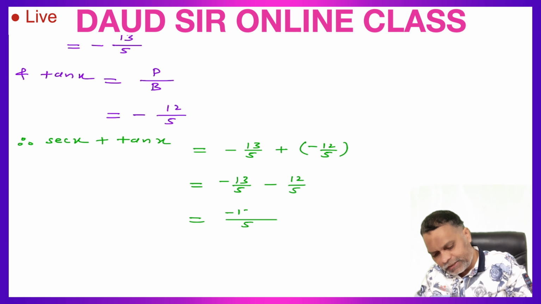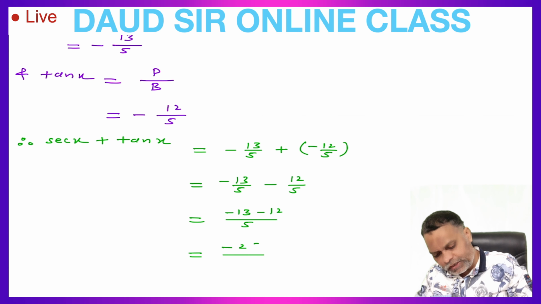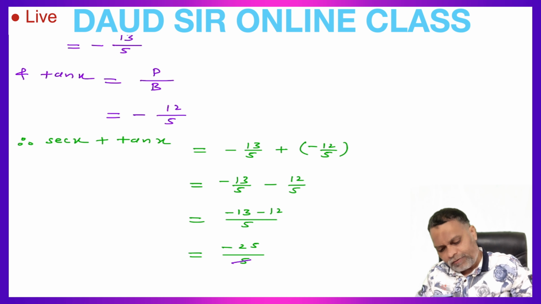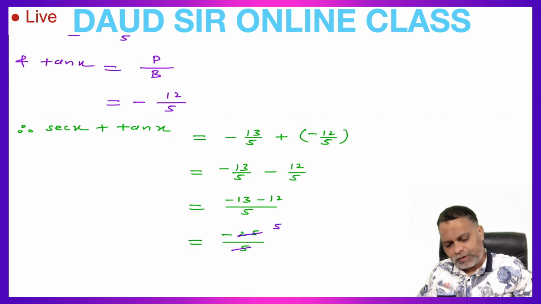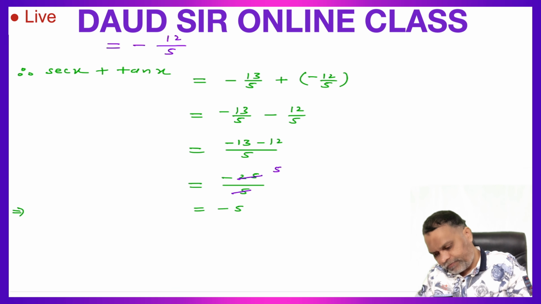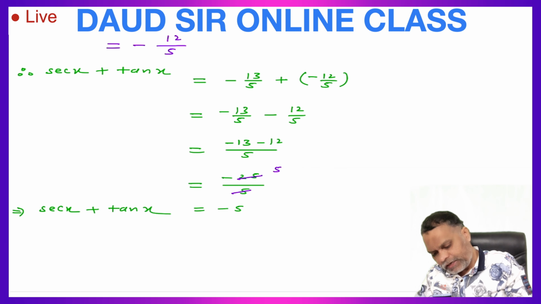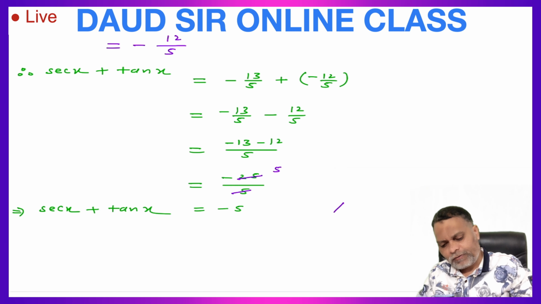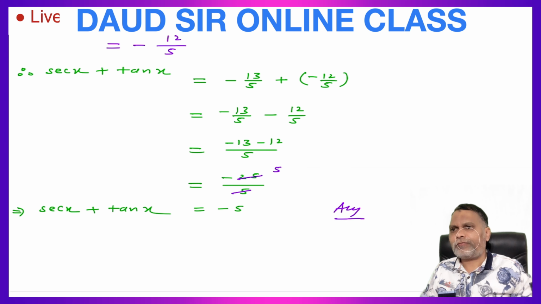So this is minus 13 minus 12, minus 25 upon 5. We can cancel it, 5 fives are 25, which is equal to minus 5. This is the required value of sec x plus tan x. Sec x plus tan x is equal to minus 5.